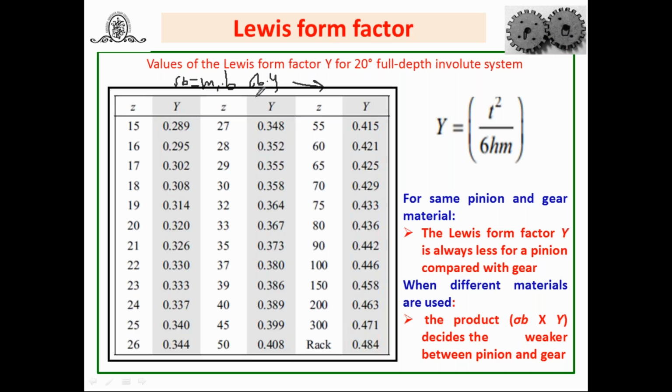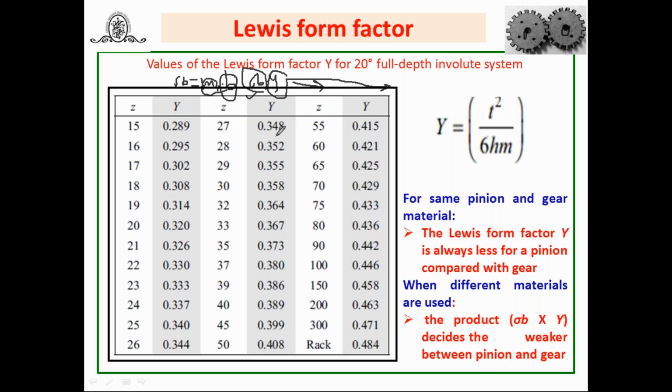Same material means the module for pinion and gear is the same, b is also the same, and the bending stress that we are going to calculate from Sut by 3 is also the same. Only the Lewis form factor Y we have to find out.